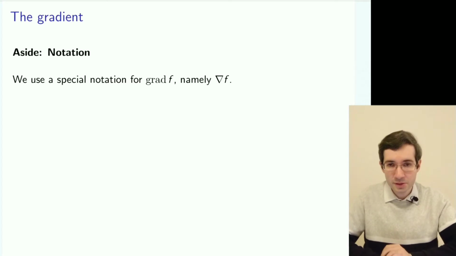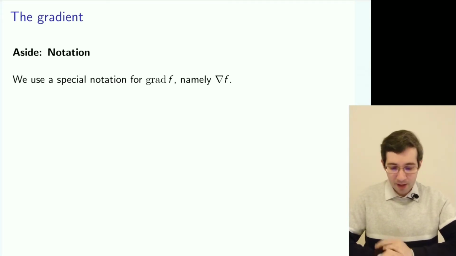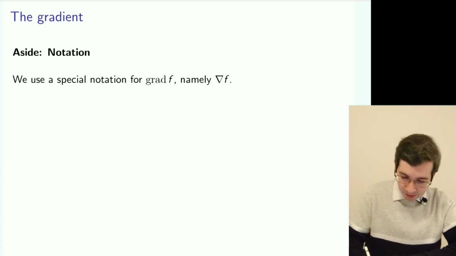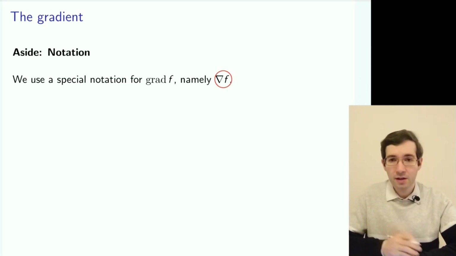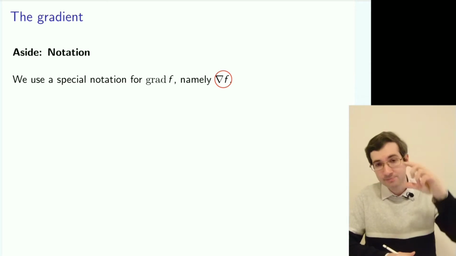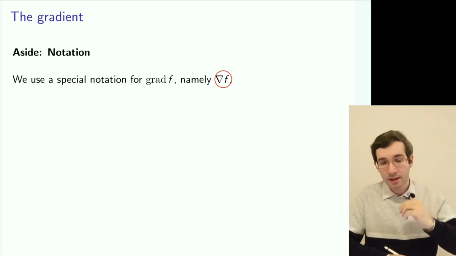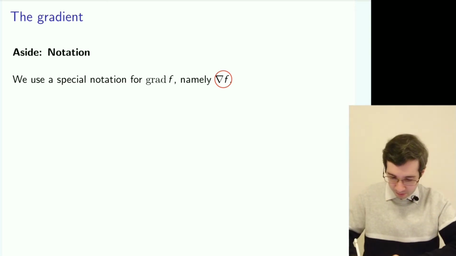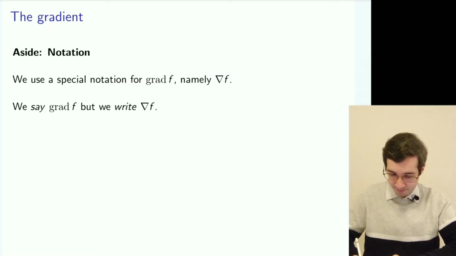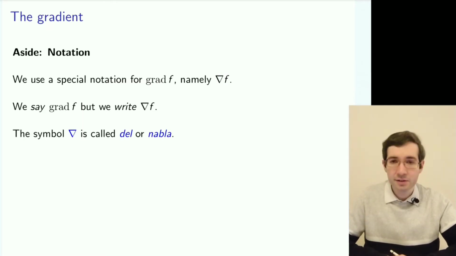An important note here is that there are multiple ways you can denote this operation, and a very common notation is to use this inverted triangle. And this inverted triangle is called nabla or del.